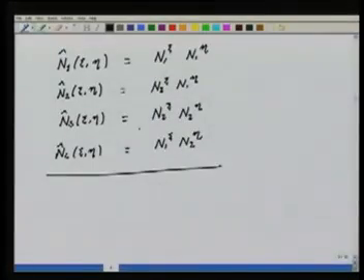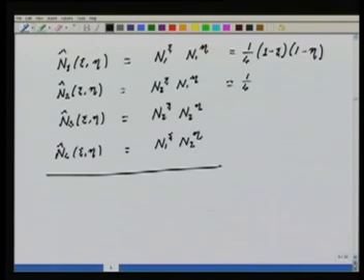So now we can define the bilinear shape functions here, which are very easy. It will turn out to be 1/4 of 1 minus psi into 1 minus eta. Okay, this one will be 1/4 of 1 plus psi into 1 minus eta.